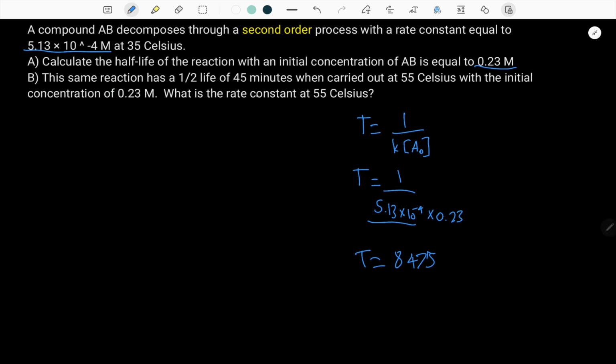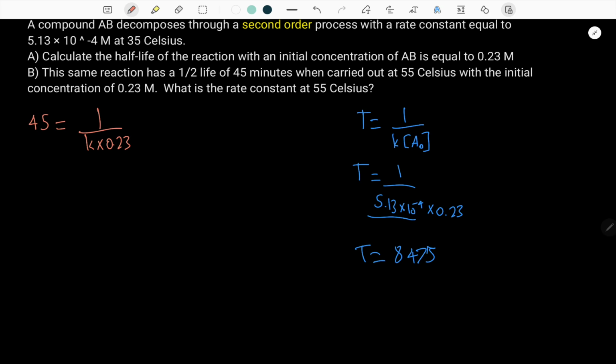So now let's move on to the second question, which is B, and here it says that the same reaction has a half-life of 45 minutes when carried out at this temperature, doesn't matter, with the initial concentration of 0.23, and now this is asking the rate constant for this specific temperature. So we have to use the same formula but with different numbers, and we need to calculate the rate constant here.